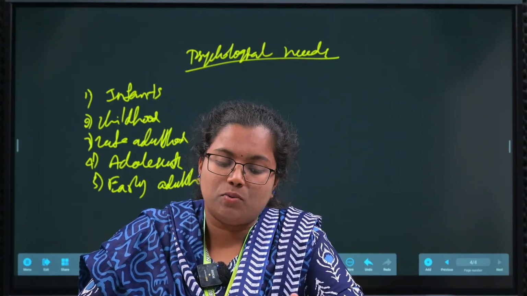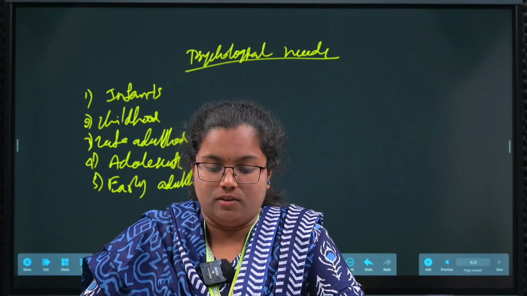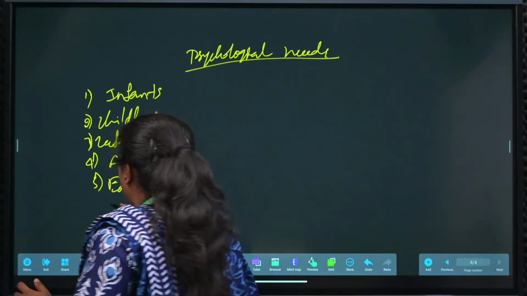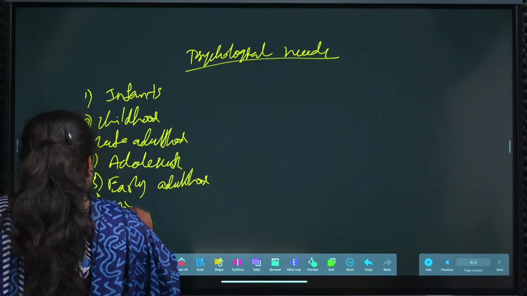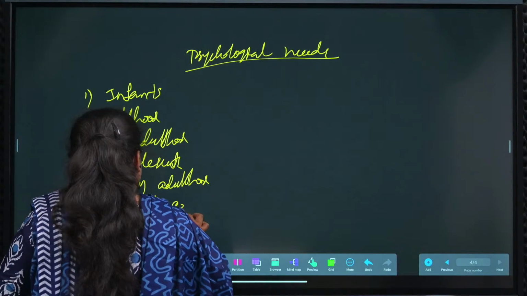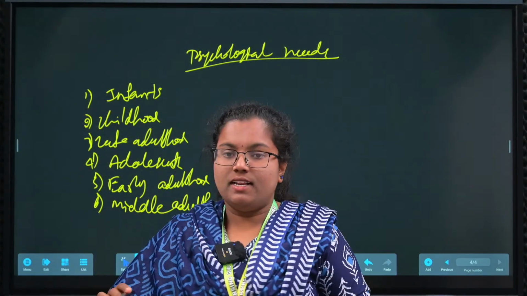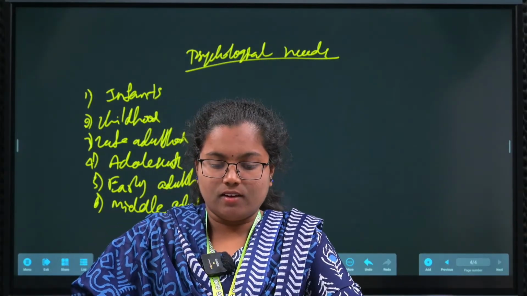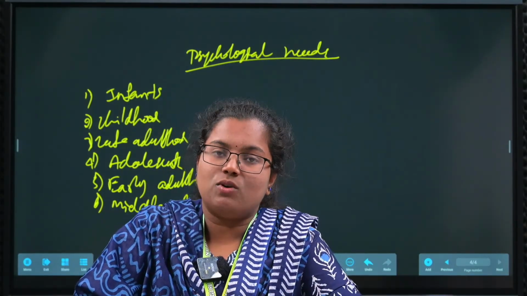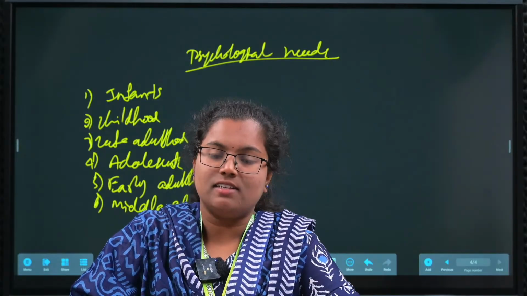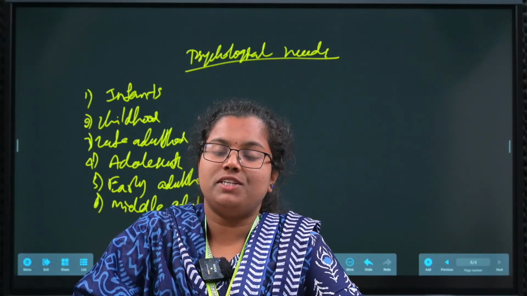And next one is middle adulthood. In middle adulthood, what are their psychological needs? They are expecting a good position in the society.